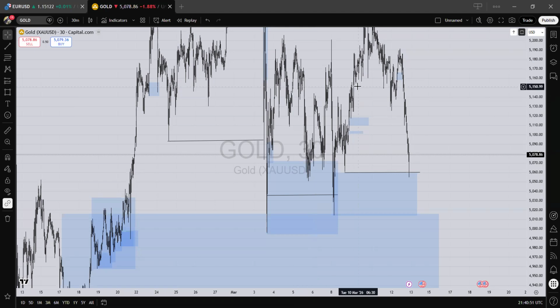Do you use silver as a divergence indicator when trading gold? No. And I hate silver. I don't know. I've tried to trade that pair.